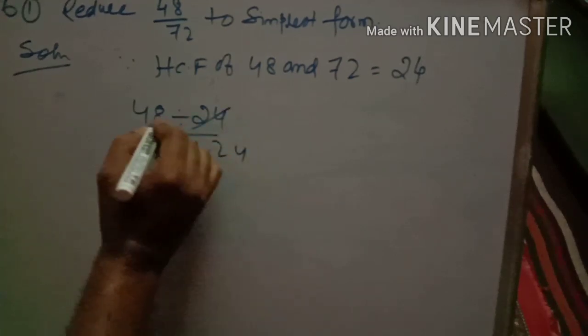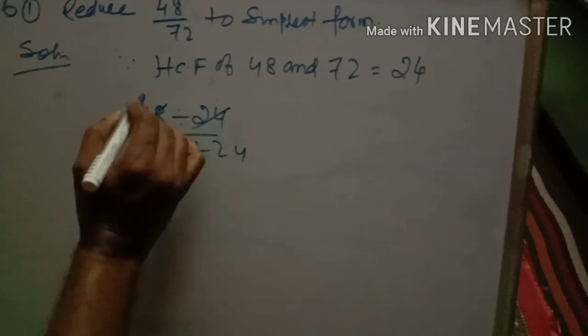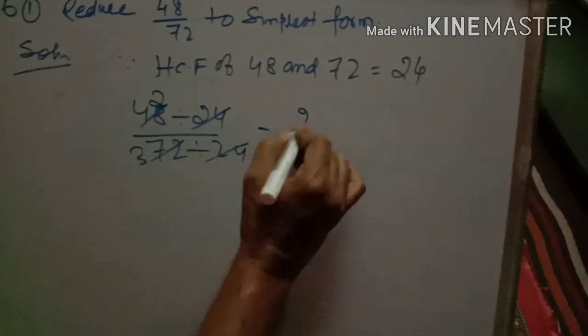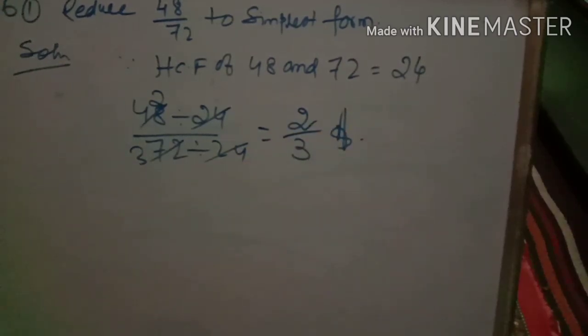So this is 2 and this is 3. Therefore 2 by 3.